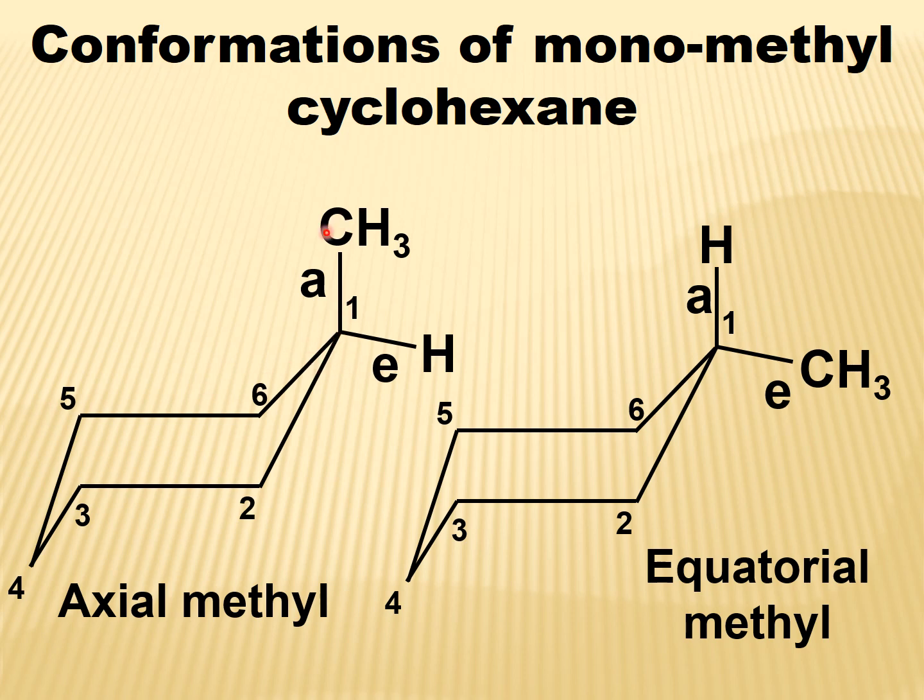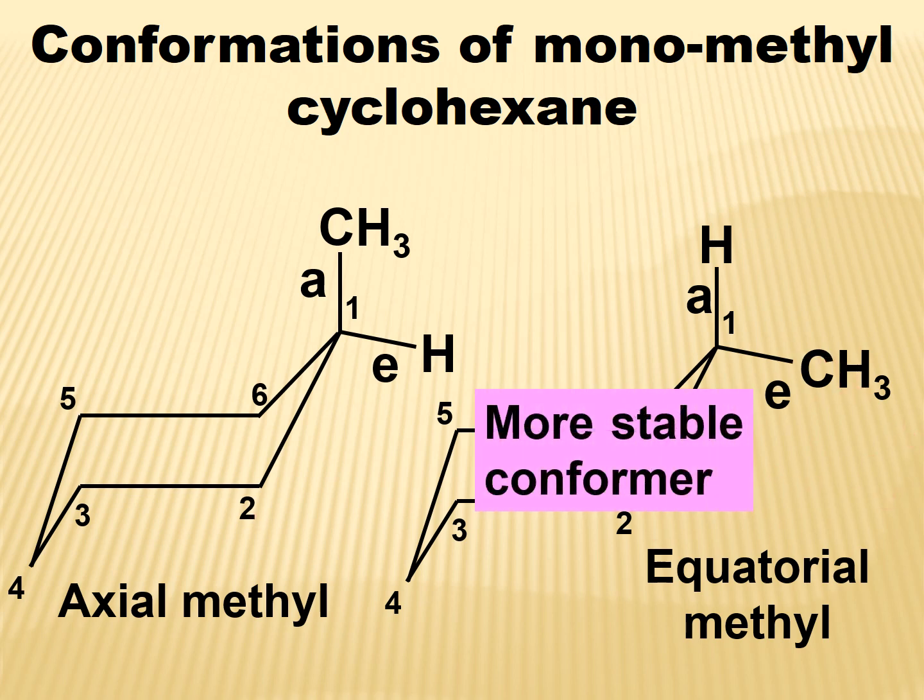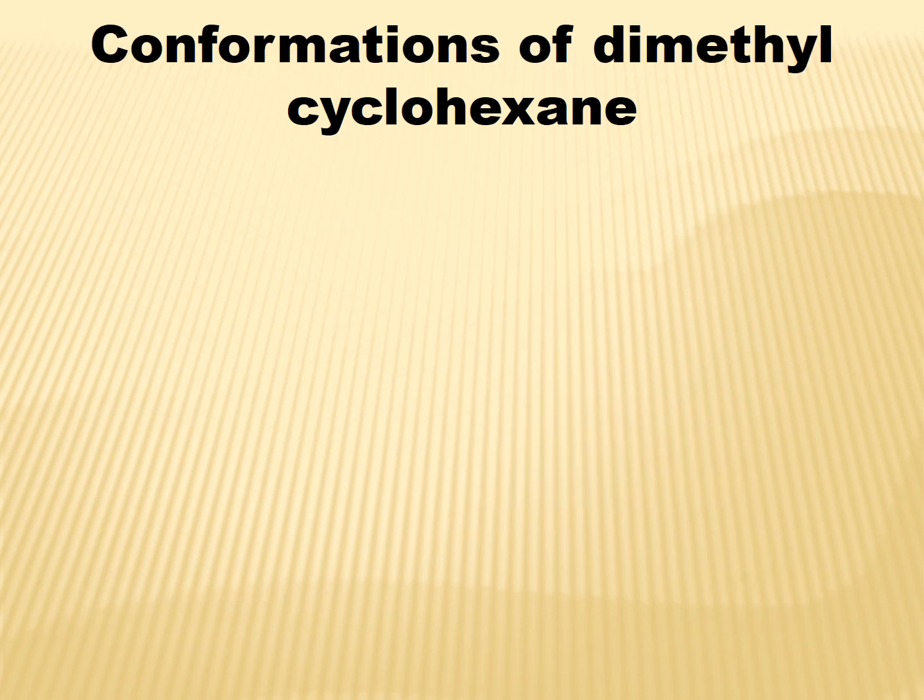So there are two diaxial interactions taking place here, and so the potential energy of the axial substituent is higher. For the equatorial substituent, there is no such interaction, so this is the more stable conformer.